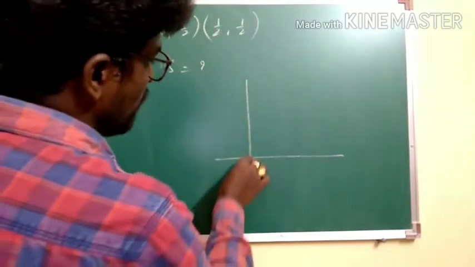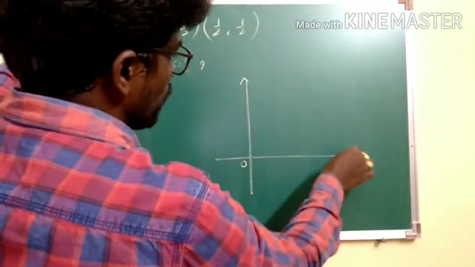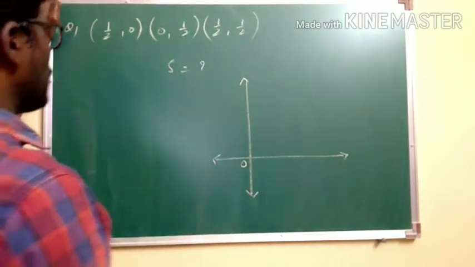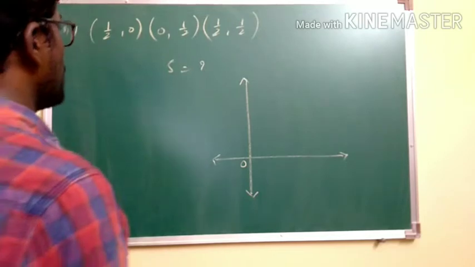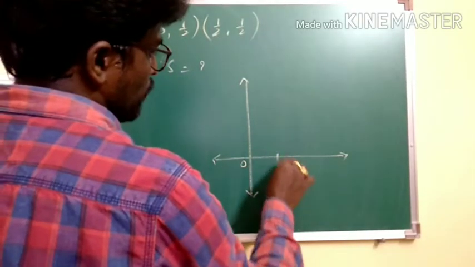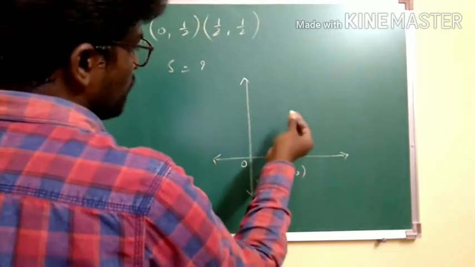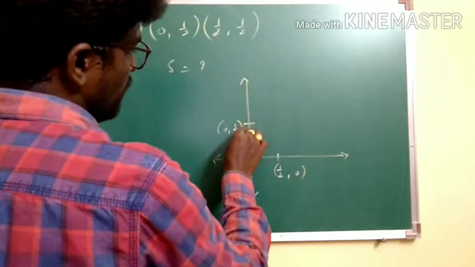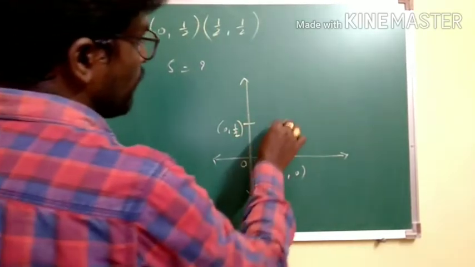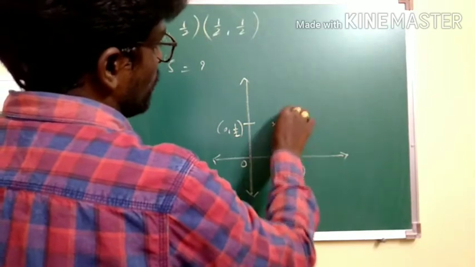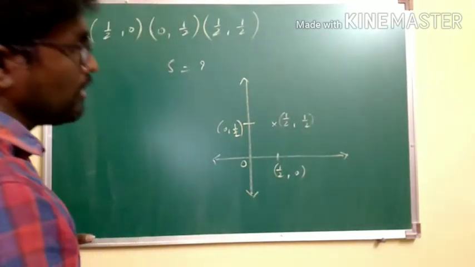For that, with the help of the coordinate system, for better simplification I am going to take 1/2, 0. 1/2, 0 lies somewhere here on the x-axis, and 0, 1/2 lies on the positive direction of the y-axis, and 1/2, 1/2 will be somewhere here.